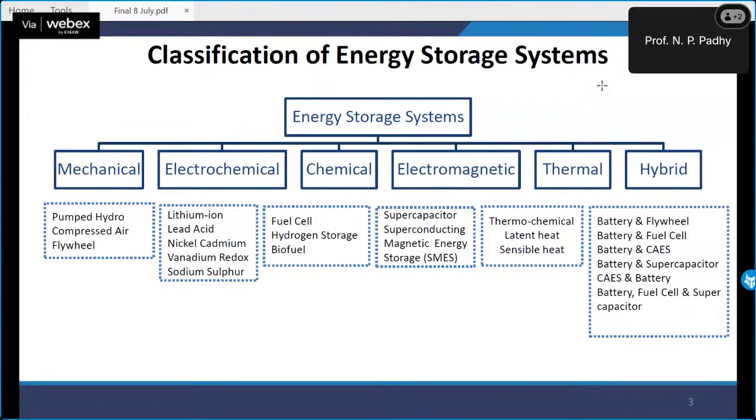Chemical includes fuel cells, hydrogen storage, and biofuel. Electromagnetic includes supercapacitor and superconducting magnetic energy storage, SMES. Thermal includes thermochemical, latent heat, and sensible heat.